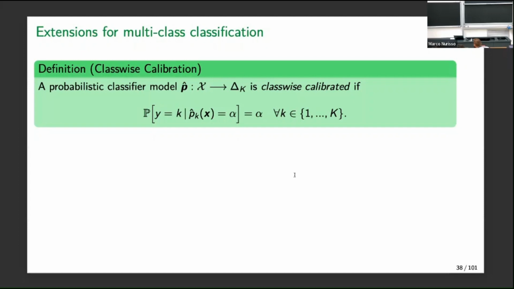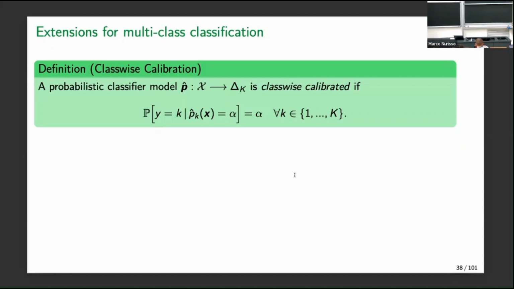So that means that the binning also will have to be done for every class separately. So in the definition, what do we get? We're going to condition on all instances for which the predicted probability of the kth class is alpha, and then we need to observe that class also alpha percentage of the times.